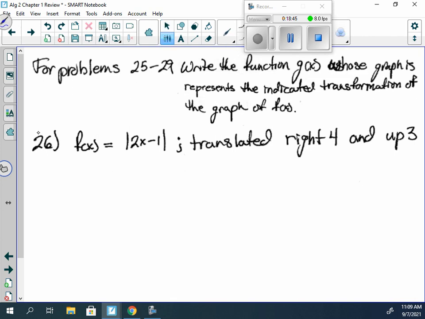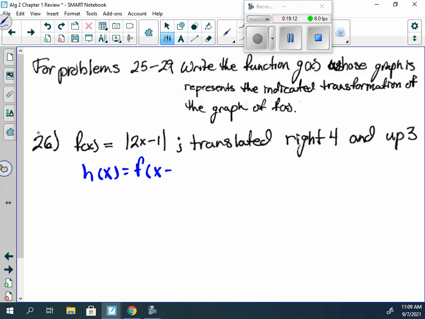So when we look at this here, okay. So here, 26, we talk about it being translated right 4, right is our horizontal. So we'll say h of x is equal to f of x minus.